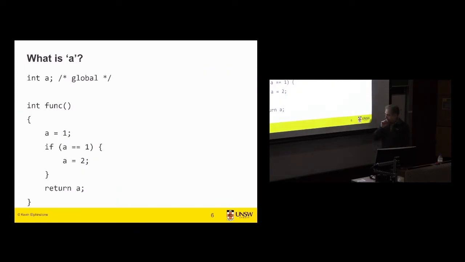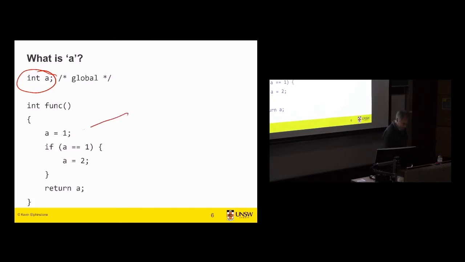So here's another little diagram, pseudocode. And I'm going to again reuse this over and over again in a few different contexts, so I'll spend a little bit of time introducing it. What I've got here is a global variable A and a really weird function that basically returns one of two values.